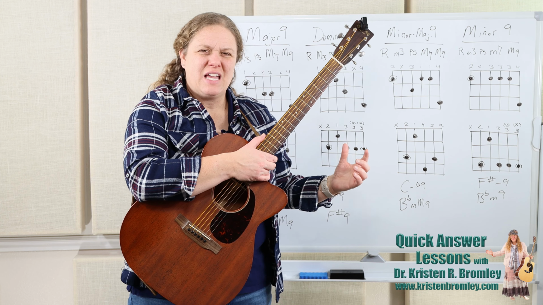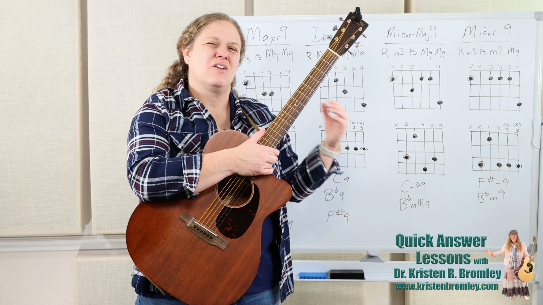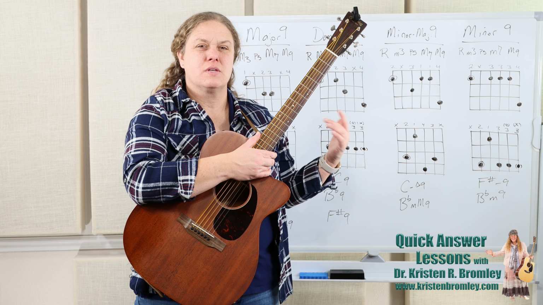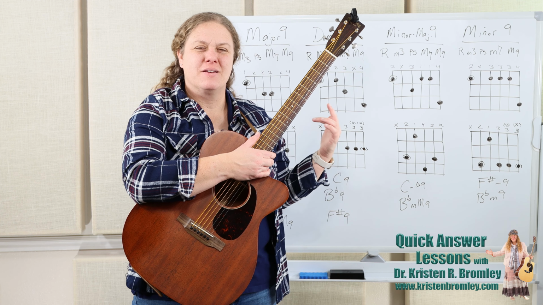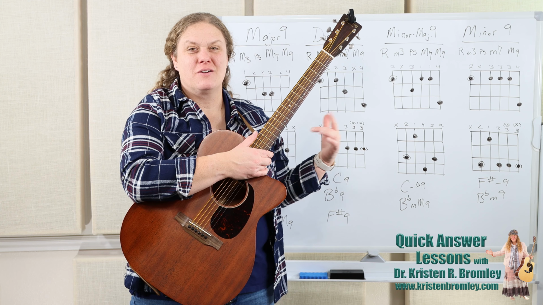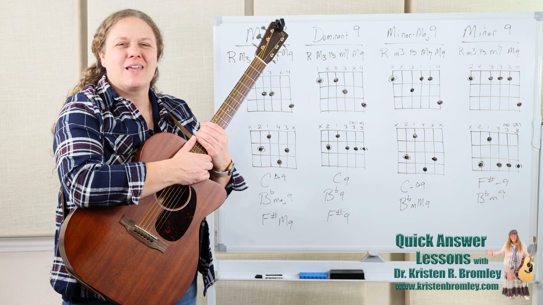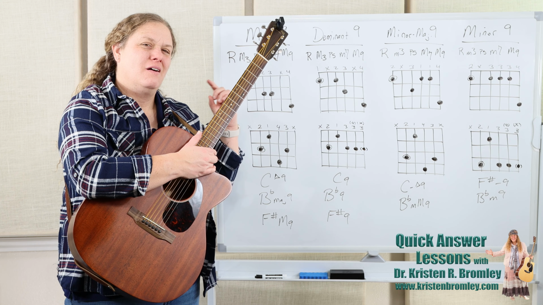So these are just major ninths being added on to our 4 types of seventh chords. Those 4. It's a lot to be said, but if you need help with that, check out the videos on seventh chords.